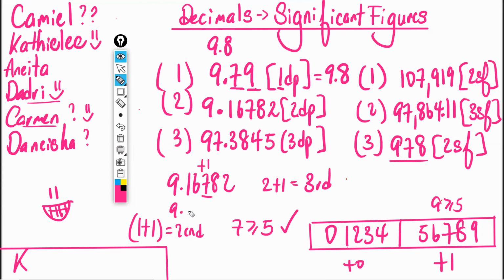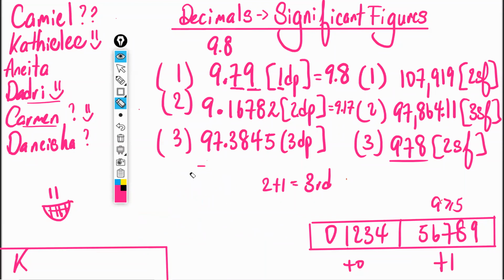So this is 9.17. That should be the answer, pretty easy, not too bad. Camille, is it making more sense to you? Carmen, as well? Yes, sir. All right, good job, guys.